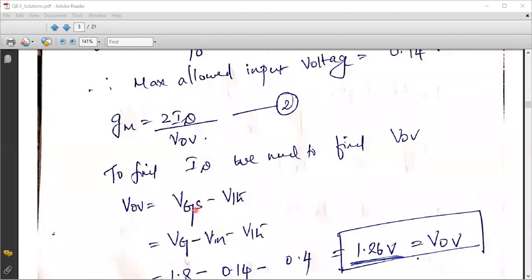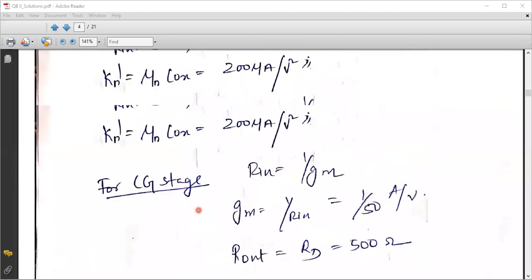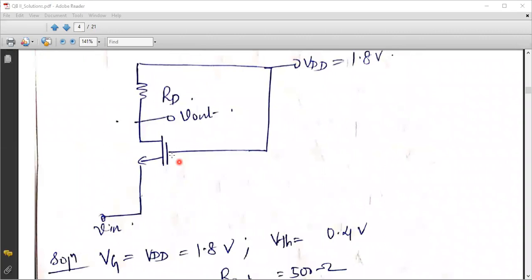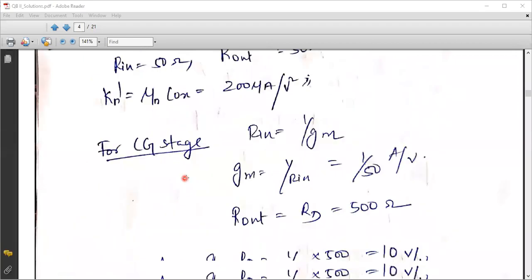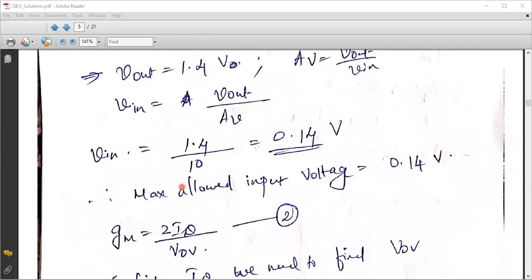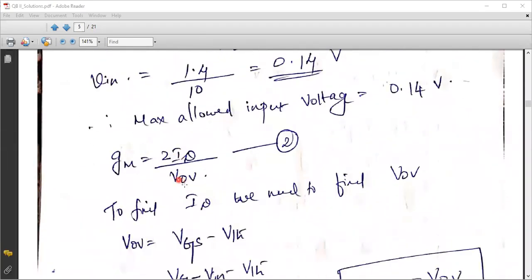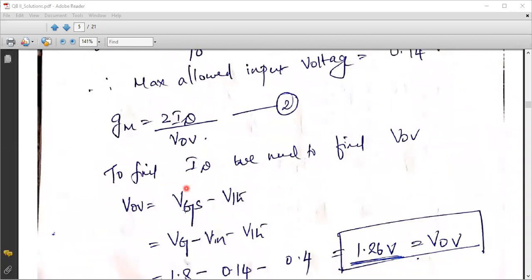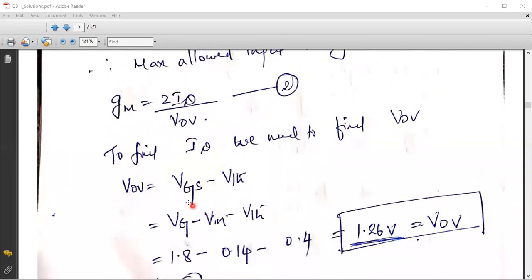Now what is VGS? VGS is the potential difference between gate and source. To the gate, we are having 1.8 volt and at the source, we are having Vin. So the gate source voltage is 1.8 minus Vin. So VOV can be written as VGS minus VTH, where VGS is VG minus Vin.